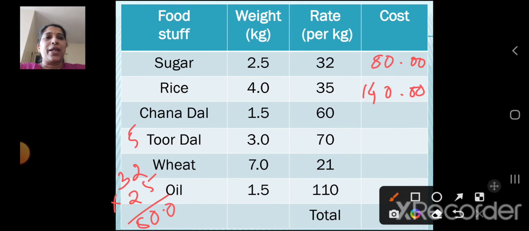Right? So 90 and this 0. So one decimal point. So I will write it here as 90.00. Next tur dal, 3 kg and rate is 70. So 7 3s are 21 and 2 zeros. So one decimal point. So I will write the answer as 210.